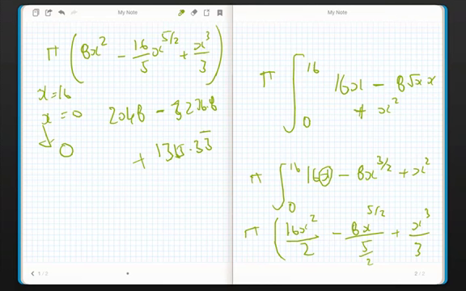So we add all of this, 2048 minus 3276.8 plus 1365.33, and we get 136.53, and this into pi is our answer.